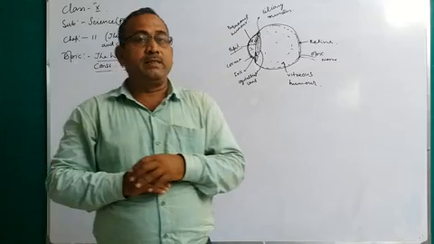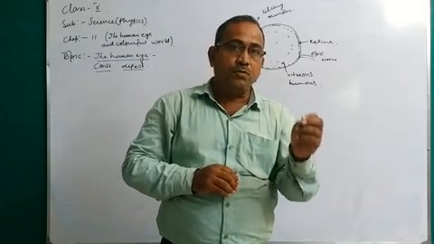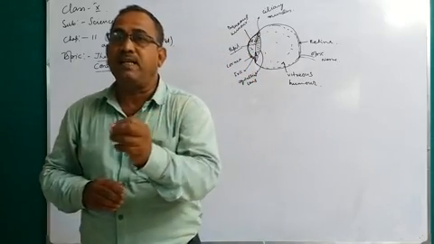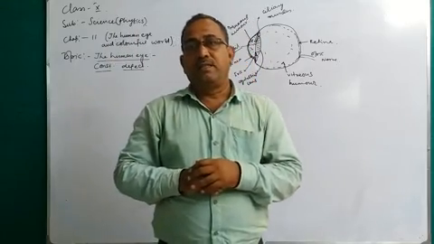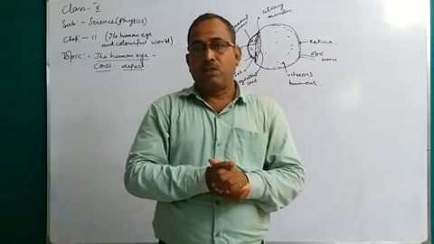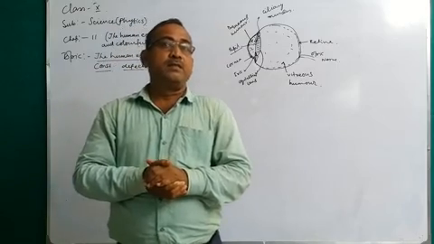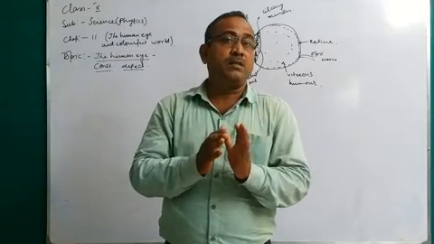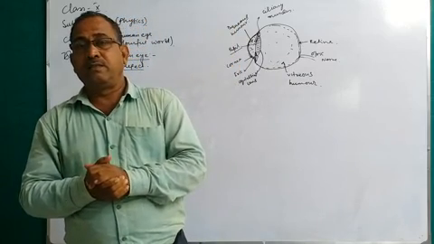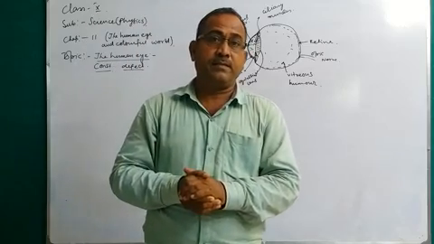For the normal human eye, the near point means the shortest distance up to which you can see the object clearly. For an adult person with a normal human eye, the near point is 25 centimeter.